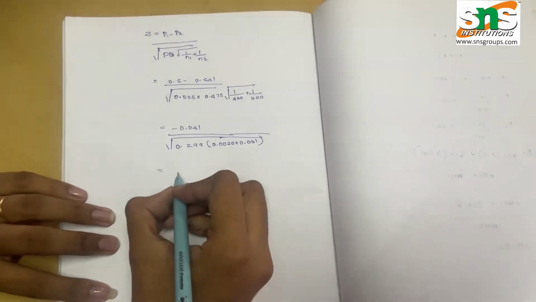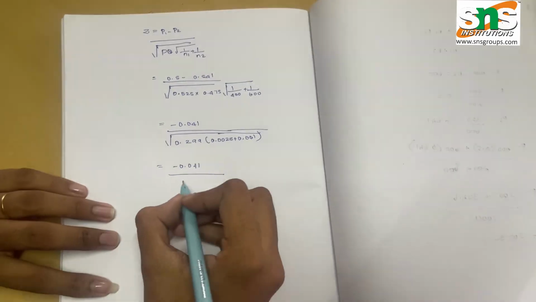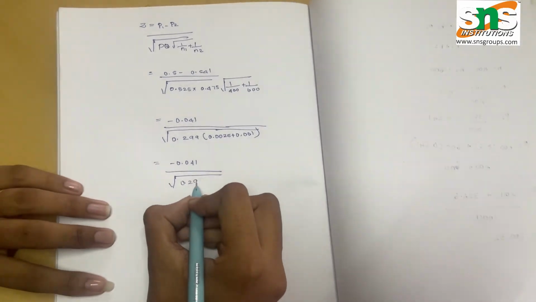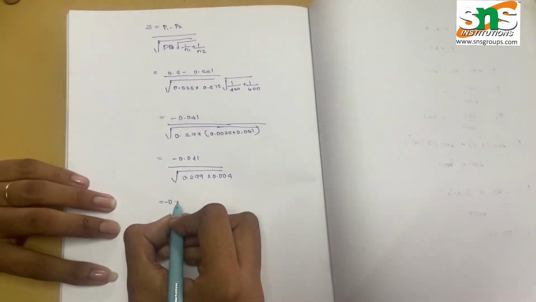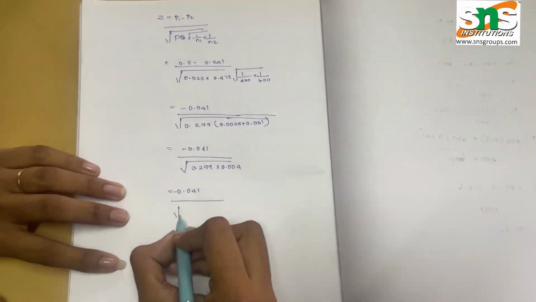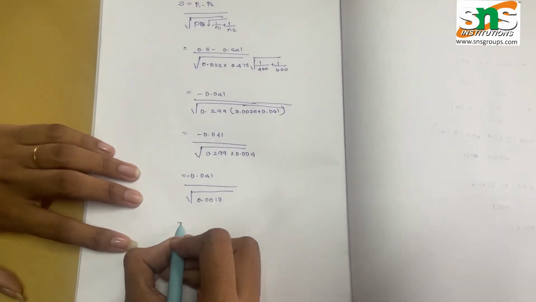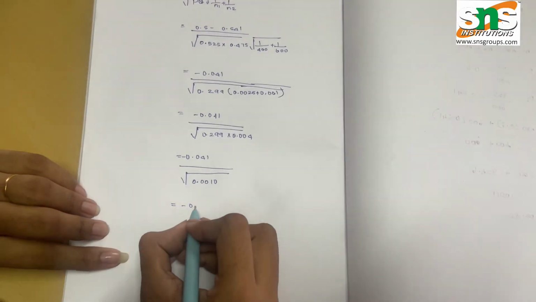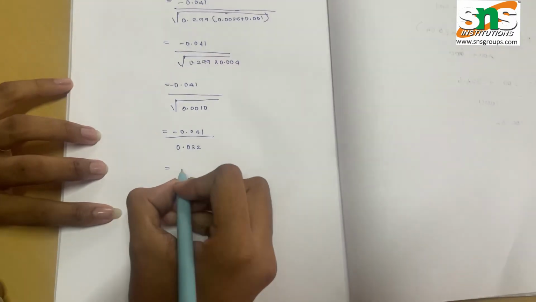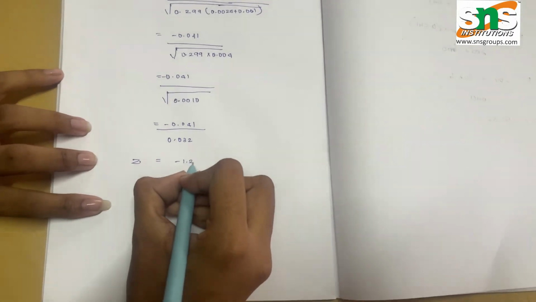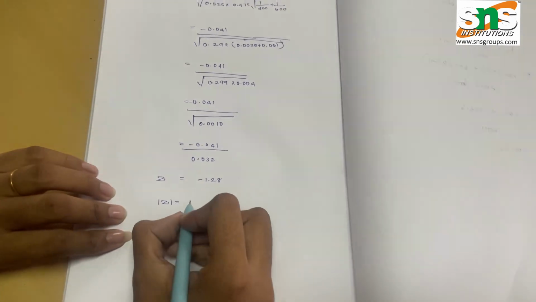Upon adding and multiplying these values, we get minus 0.041 divided by root of 0.299 into 0.0041, which is minus 0.041 divided by root of 0.0012. After taking the root, we get 0.032. After dividing, Z is equal to minus 1.28. It is a negative value, so we take the modulus, so Z is equal to 1.28.